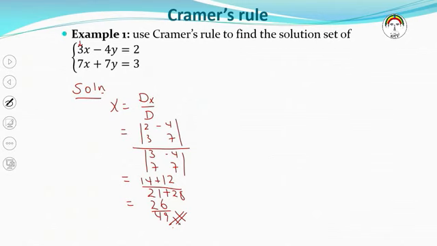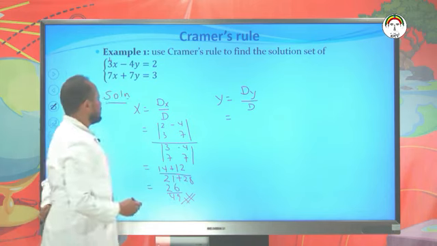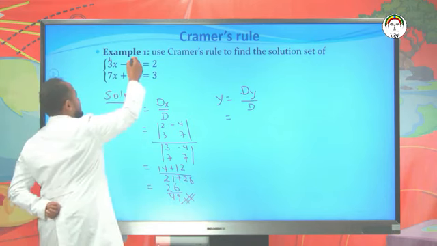And let's evaluate the value of y. y is equal to dy divided by d. So dy is simply the coefficient matrix where the coefficient of y is changed by the solution.